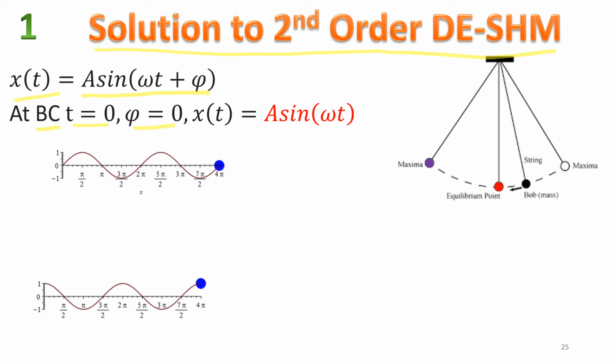So with this we can write x of t is equal to a sine omega t, and here we have a sinusoidal function. Now if we choose a to be 1, we can plot omega t on the x-axis, and we have x being plotted on the y-axis.